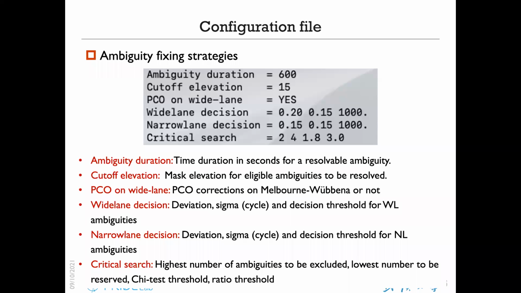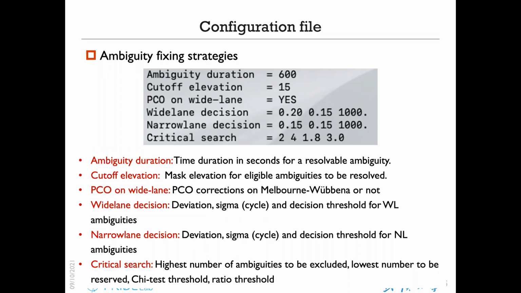This exclusion of some ambiguities can be very useful if you fail to resolve all of the ambiguities. The second number is 4, which means the lowest number to be reserved in your candidate ambiguity subset.